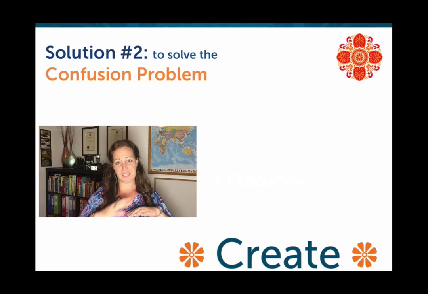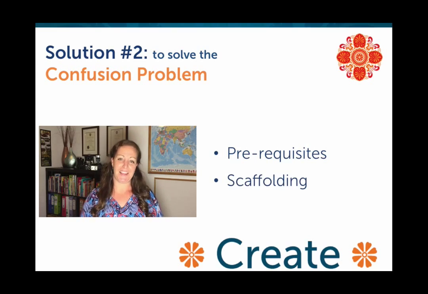So scaffolding is about the order that the modules go in, but it's also about the structure of the content. So when you're giving someone a learning experience, so let's just say it's a presentation, this video for example, I'm giving you some information, I'm giving you an example, and then I'm giving you a way to go and apply it. That's one way to scaffold a learning experience. There's many more, and we talk about them at length in the course.